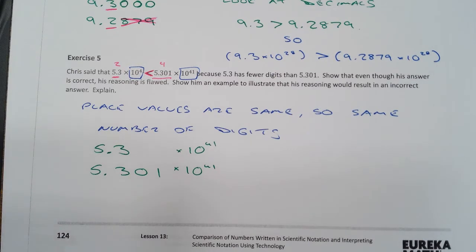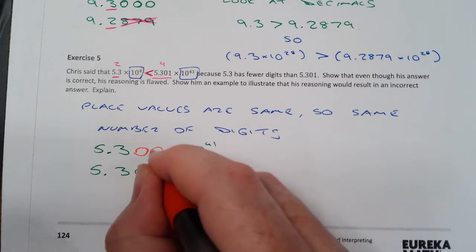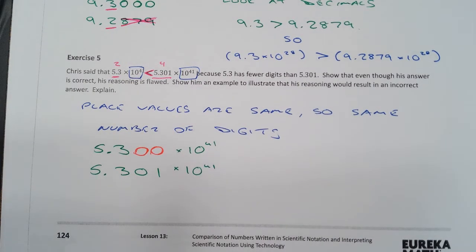so this is bigger. What I would simply tell Chris is, what if I put zeros there? The number didn't change. The zeros didn't change anything because they're behind the decimal. Now they both have 4. So Chris, is the number of digits why this one is greater?